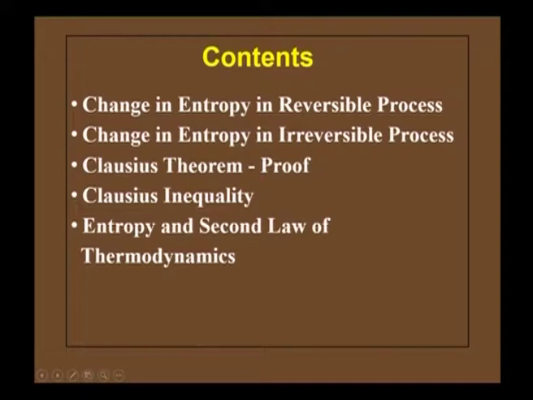This lecture is divided into the following topics: change in entropy in reversible process, change in entropy in irreversible process, definition of Clausius theorem and its proof, Clausius inequality, entropy and second law of thermodynamics.